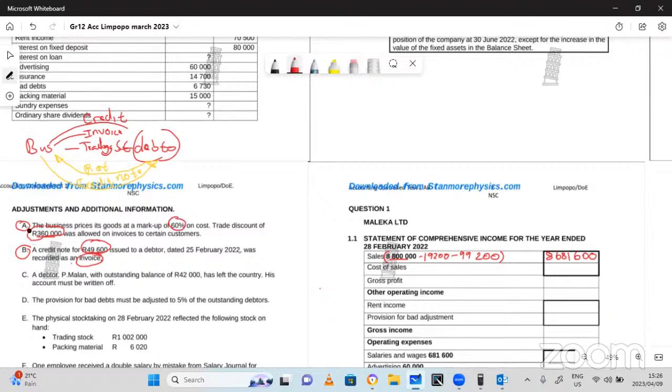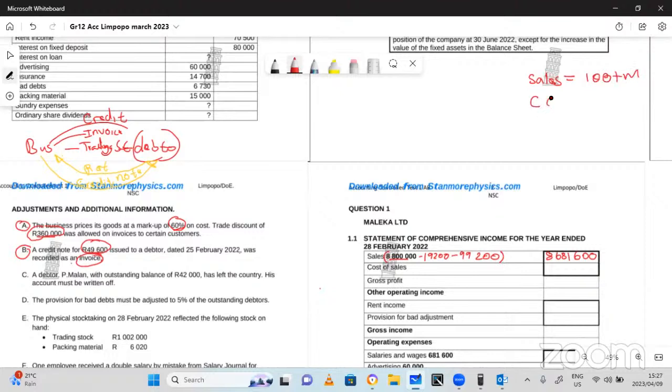Remember transaction A, it was stated that the business prices its goods at a markup of 60%. When the transaction is like that, you will assume that this markup is the markup achieved. So how do we use the markup? Whenever you are using the markup, you know the formulas, guys, that the sales amount will always be equal to 100 plus the markup percentage.